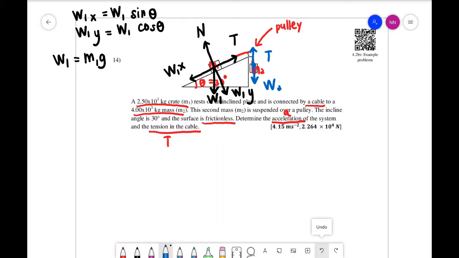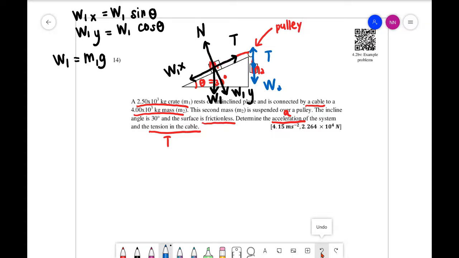Tension on M2 is equal to tension on M1 because it is the same cable, so it has the same tension. But tension on M1 is away from M1, and tension on M2 is away from M2.